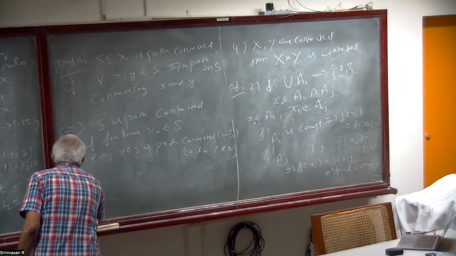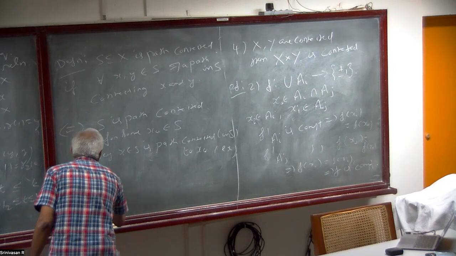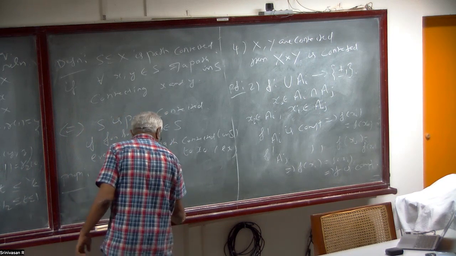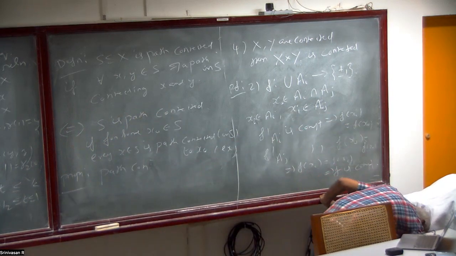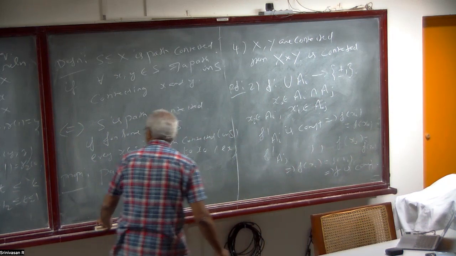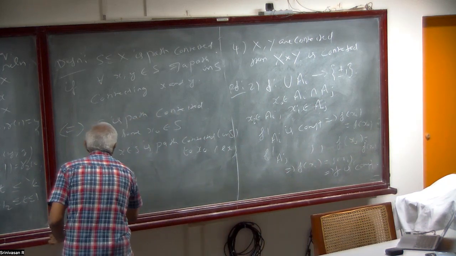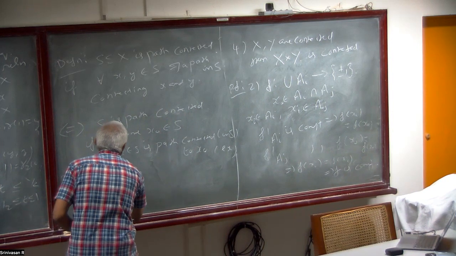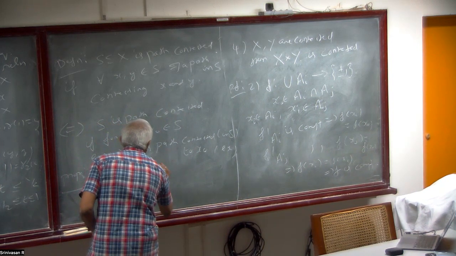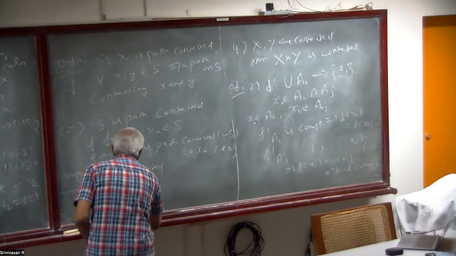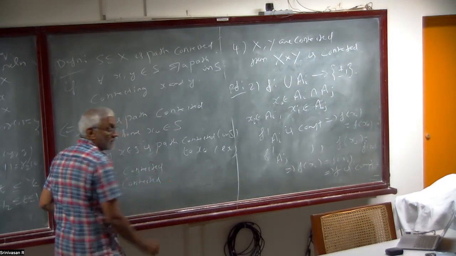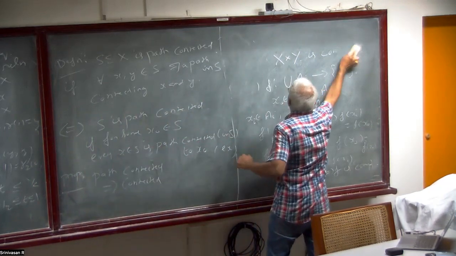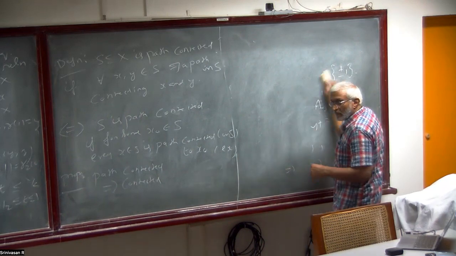Okay, let's prove this proposition: path connected implies connected. This is just direct again. We will use whatever we have proved till now.